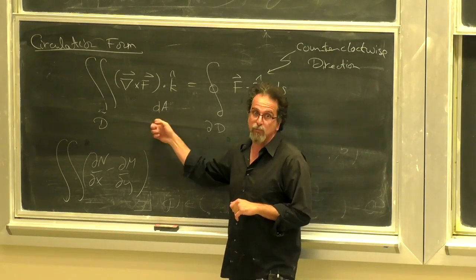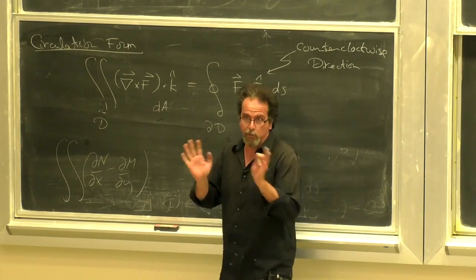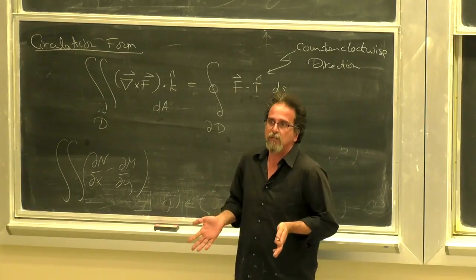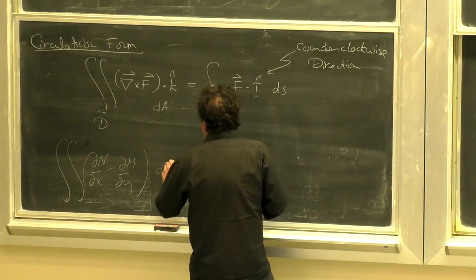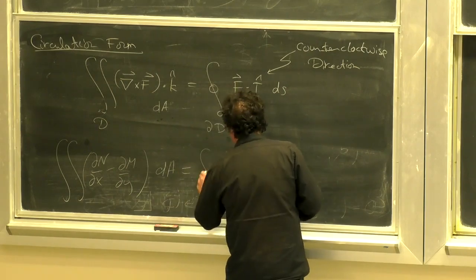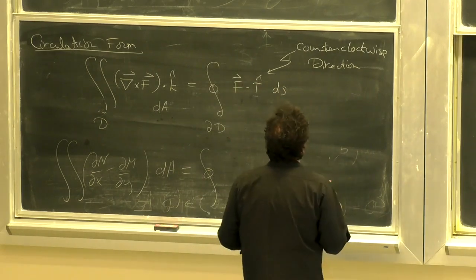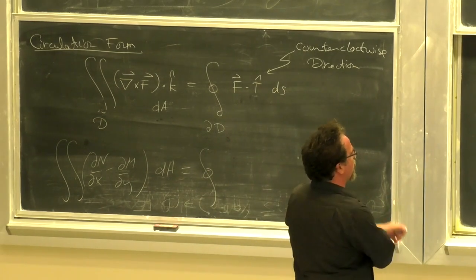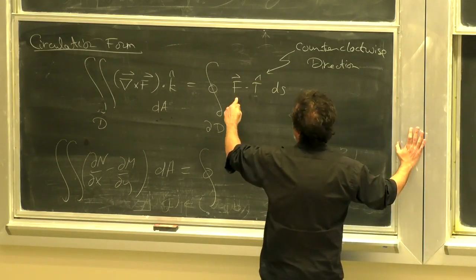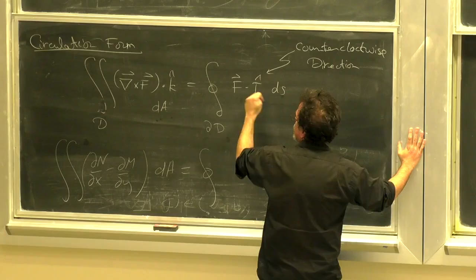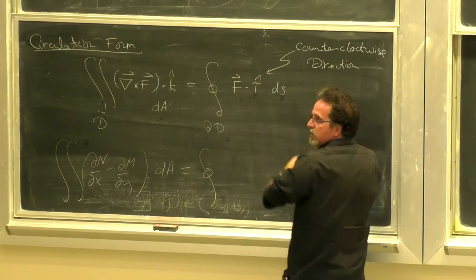It's integrated with respect to the area element, the area integral that we learned in chapter 15. So you're integrating this with respect to A, and then you have to flesh out the right-hand side. Well, you just kind of look at it, and you're like, oh, OK. This is M dx/dt plus N dy/dt.